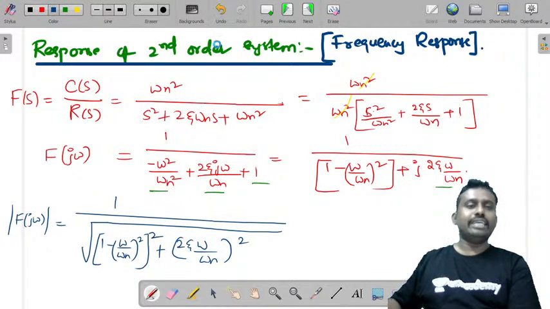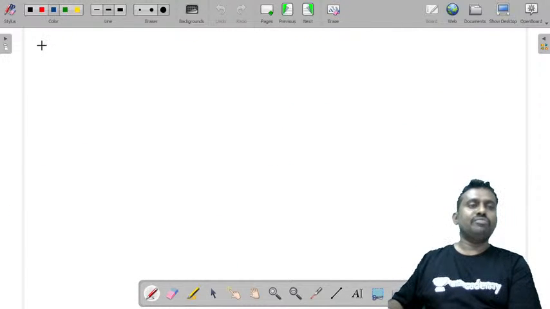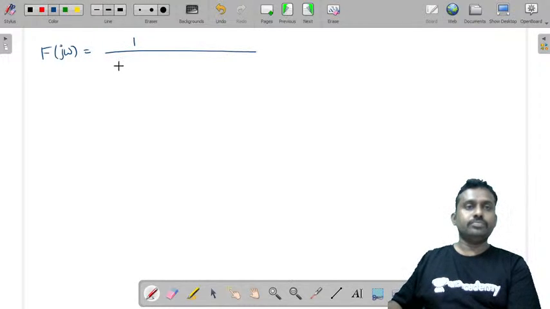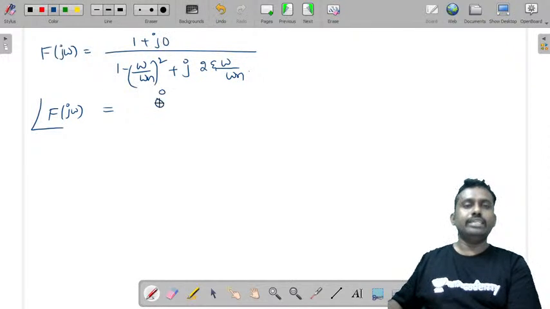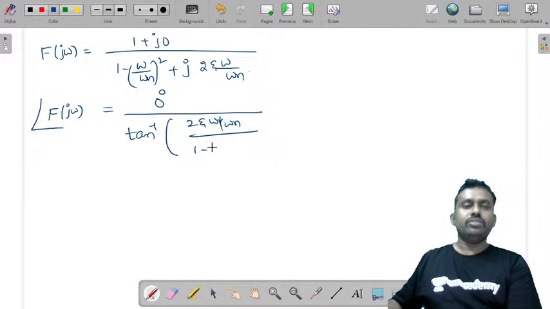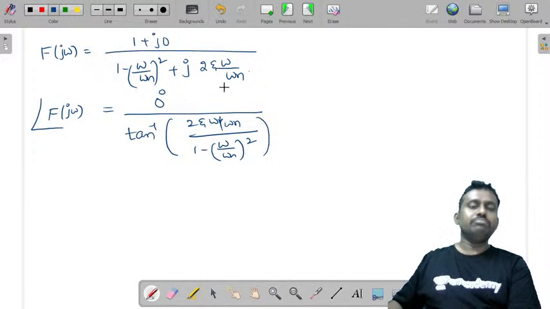F of j omega was 1 by 1 minus omega by omega n whole square plus j 2 zeta omega by omega n. The numerator is 1 plus j0, so the phase angle is 0 degrees minus tan inverse of 2 zeta omega by omega n by 1 minus omega by omega n whole square.